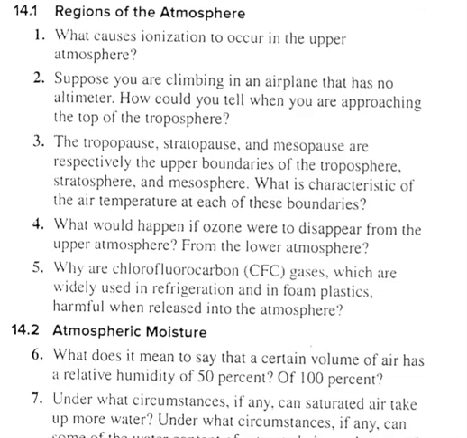Number three, and now this one talks about the pauses. So the tropopause, the stratopause, and the mesopause are the upper boundaries of the troposphere, the stratosphere, and the mesosphere. What is the characteristic of the air temperature at each of these boundaries? As I just said in problem number two, the temperature is relatively constant in each of the pauses.